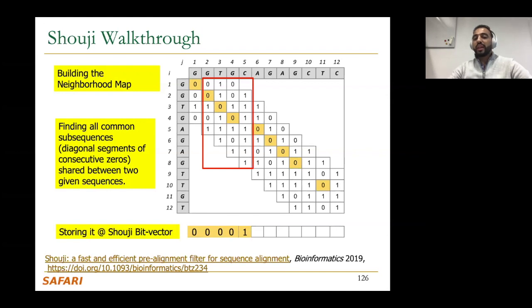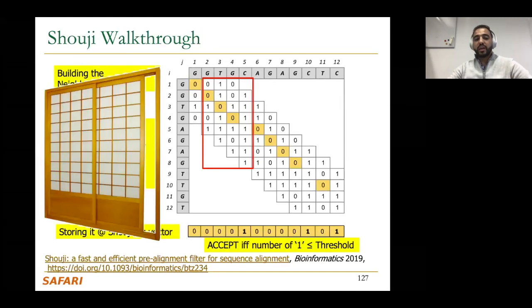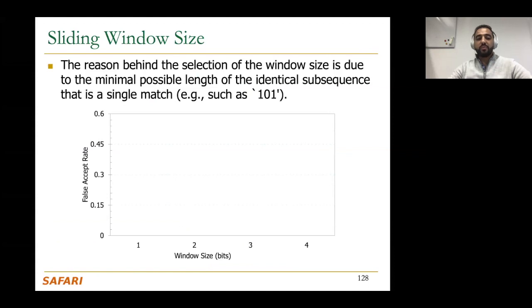So even if you have 2 million long reads, then you still can process them because what you generate is only this portion, and you keep doing this for many of them. So it's pretty much very nice to have it for FPGA. And as we did in GateKeeper, we just count the number of ones. This is the sliding window, which is called Shouji in the Japanese language.